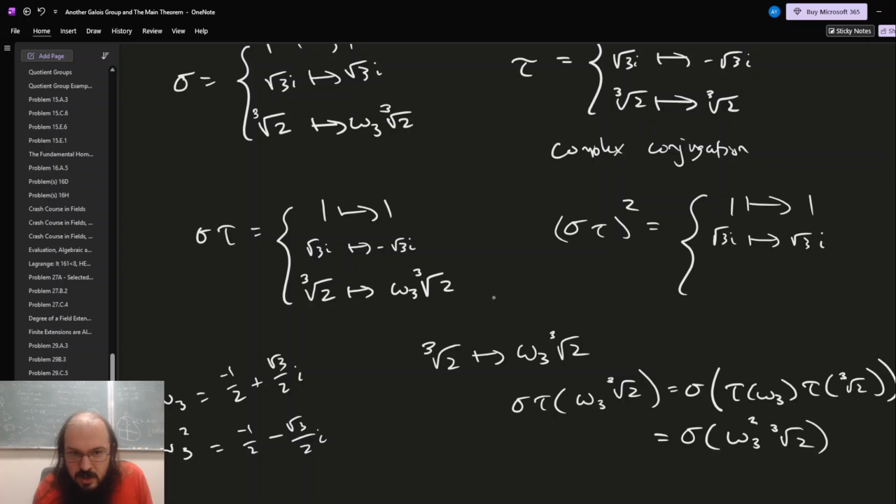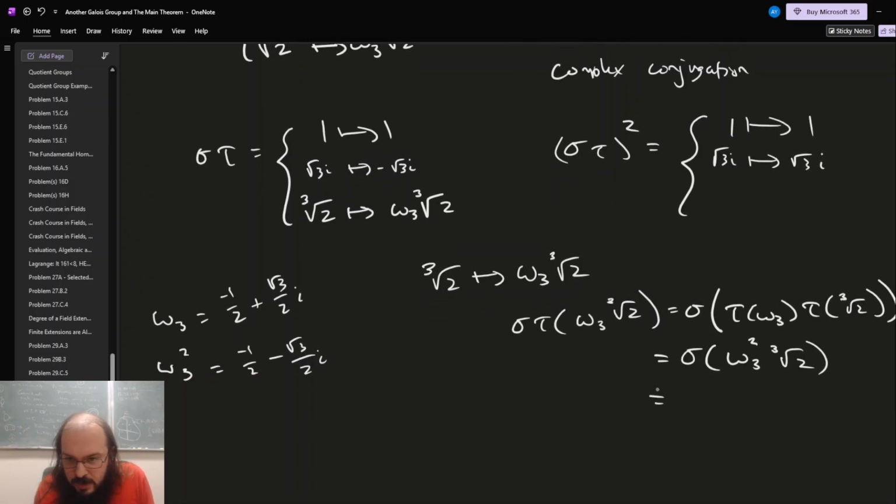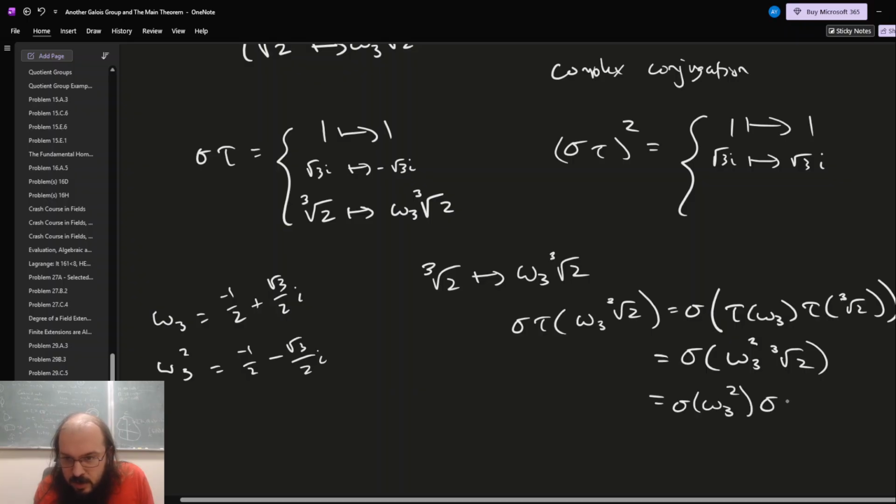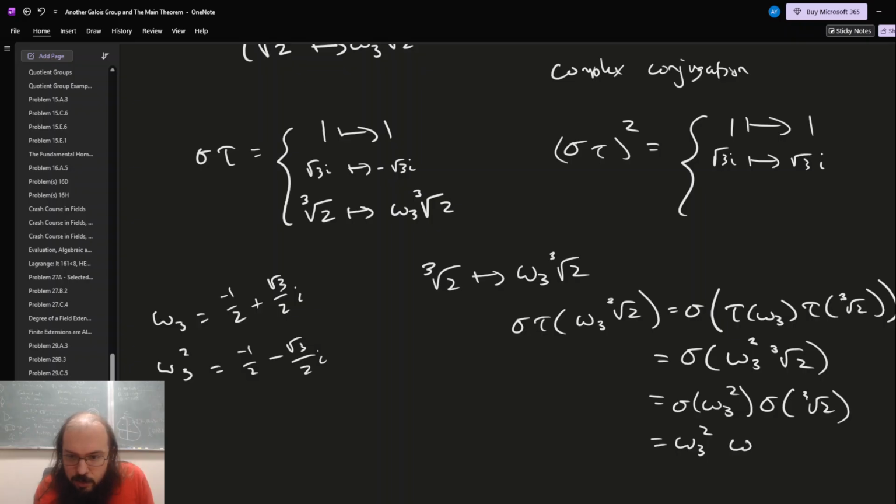And so since sigma respects the square root of 3i, sigma respects omega 3 squared. It still breaks up into sigma of omega 3 squared, sigma of the cube root of 2, but this part just stays the same as omega 3 squared. On the other hand, sigma of the cube root of 2 picks up another omega 3. And now we have 3 omega 3s, which is of course 1.